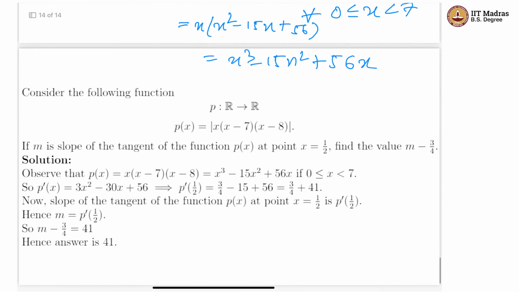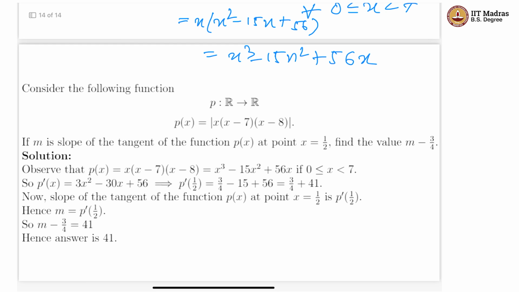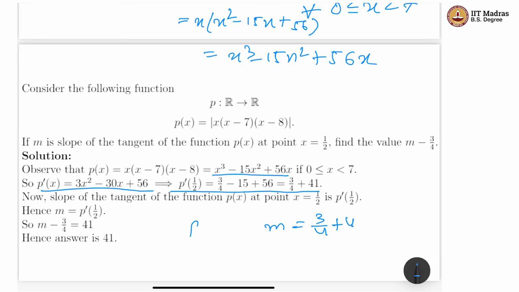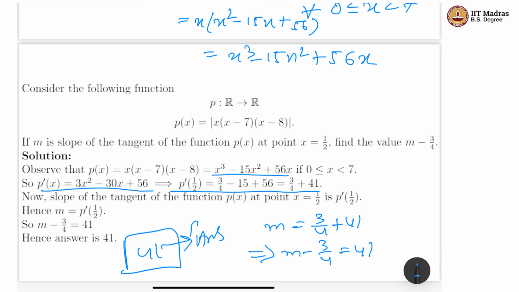Then we know how to calculate the slope. Now if we calculate the slope, p dash x will be this, right? So we will put half instead of x, then we will get the slope at half. So we have m equals 3 by 4 plus 41. So this implies m minus 3 by 4 is equal to 41. So 41 is the answer.